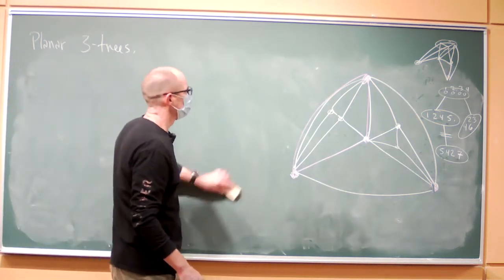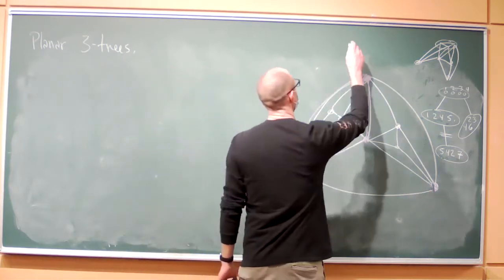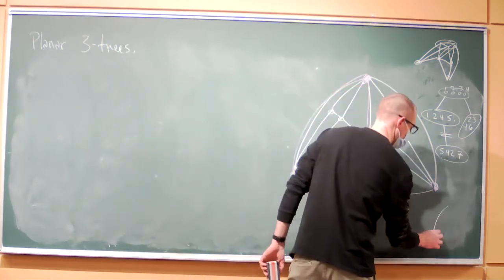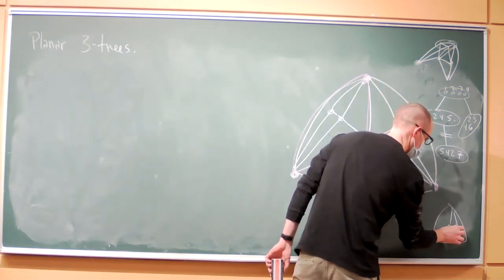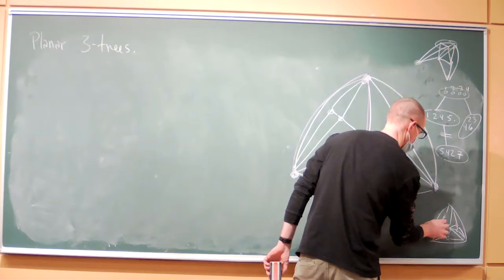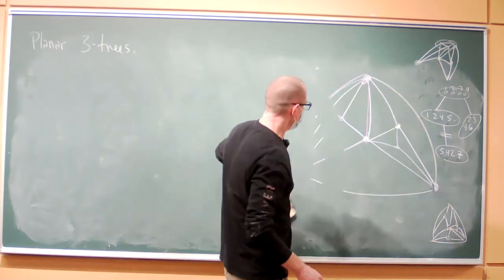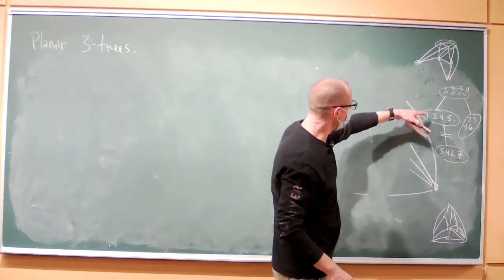So great. You have these things. They're called planar three trees. And this is just the picture I want you to remember. Keep putting vertices inside of triangles. And this representation here is equivalent.